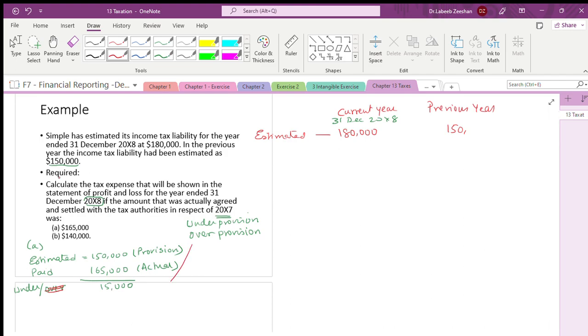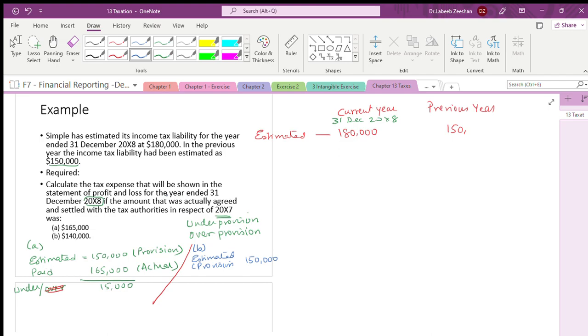Fine. Now, what is point number B? The same rule applies here. They have estimated, this is the provision. They have estimated 150. Is it right?